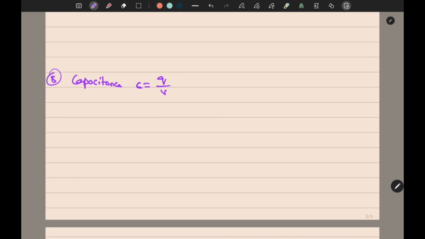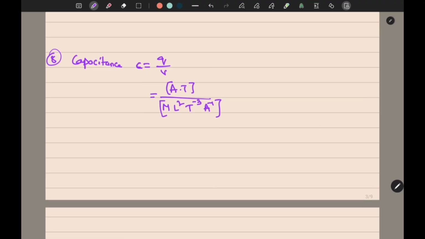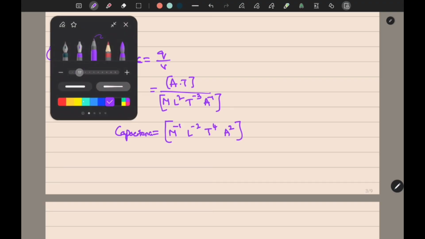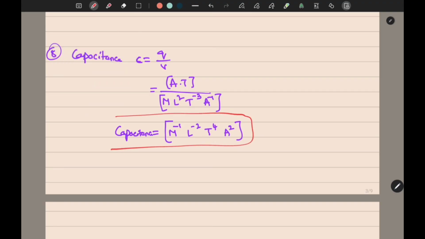The charge dimensional formula is A into T, and the voltage dimensional formula is M L square T power minus 3 A power minus 1. From this, the capacitance dimensional formula is M inverse L power minus 2 T power 4 A power 2. This is the dimensional formula of capacitance.